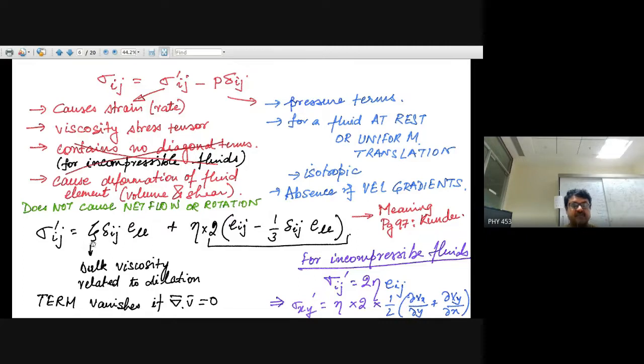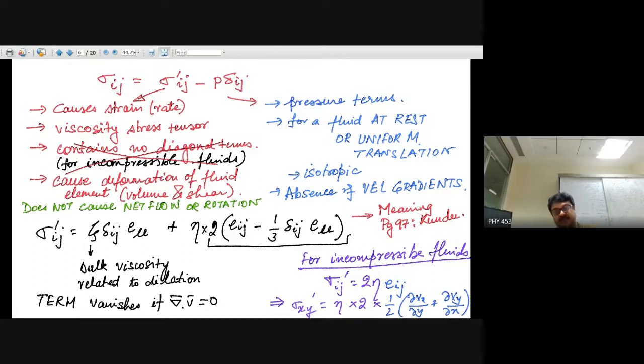So this is bulk viscosity and this is the shear viscosity term, and this does not contribute to the volume change.